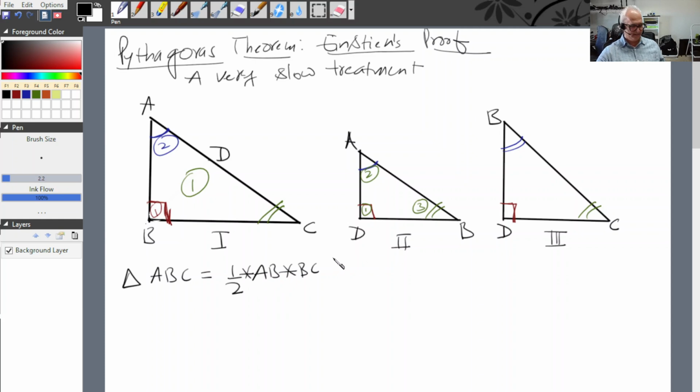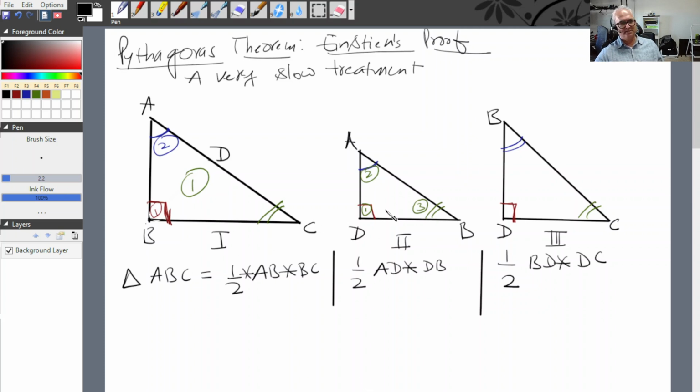The area of triangle 2 is half AD DB. And area of triangle 3 is half BD multiplied with DC. This is Euclid's book 1, proposition 41.